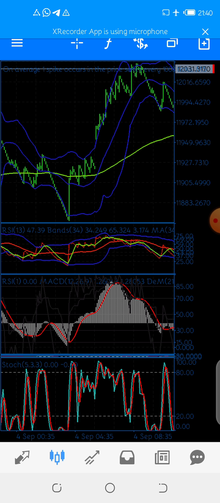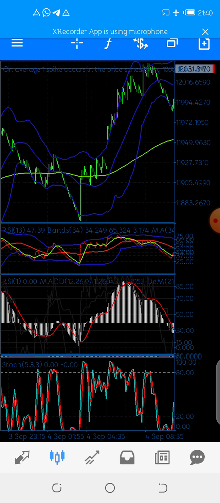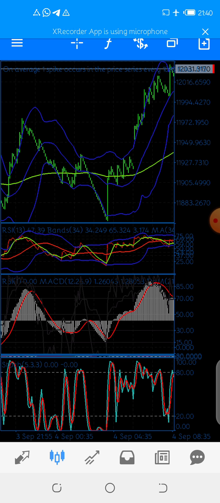Many people again have been asking me how to manage their small accounts, like $20, $30. It's possible to place your buy or your sell in this kind of setup with a very small lot. If you have a $20 account, use 0.02 or 0.03. So how do you do that?